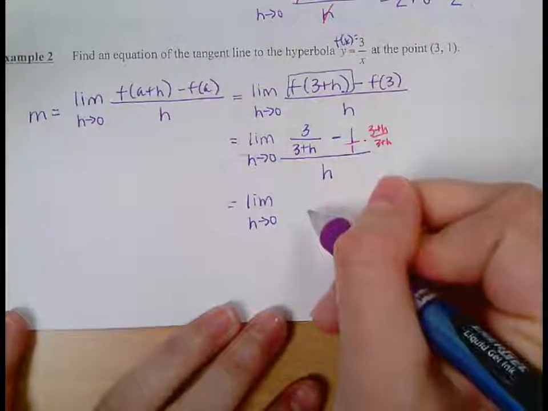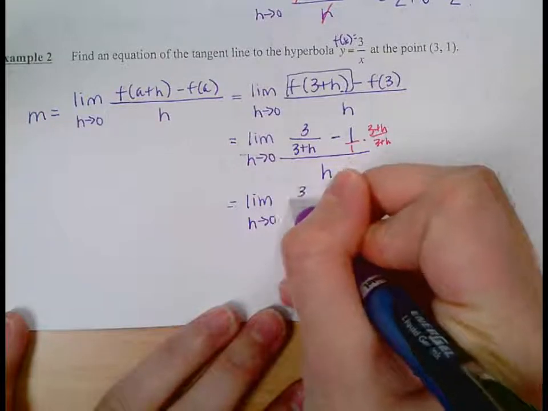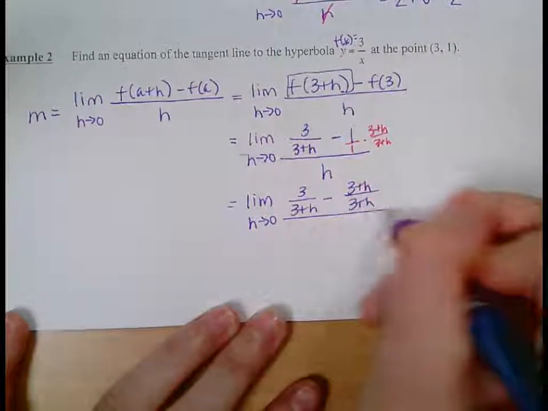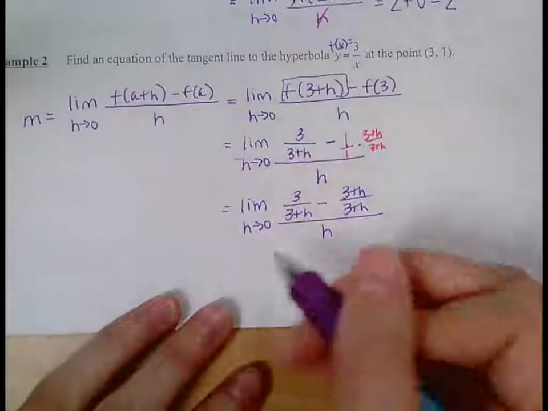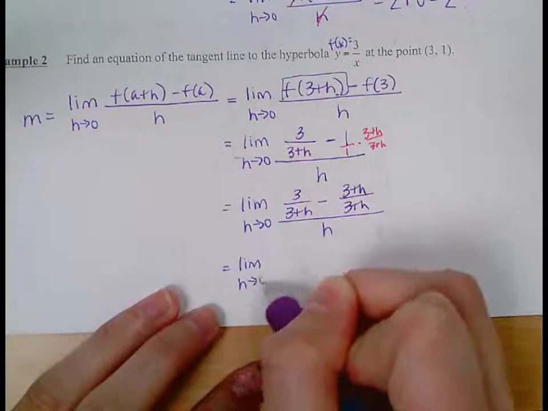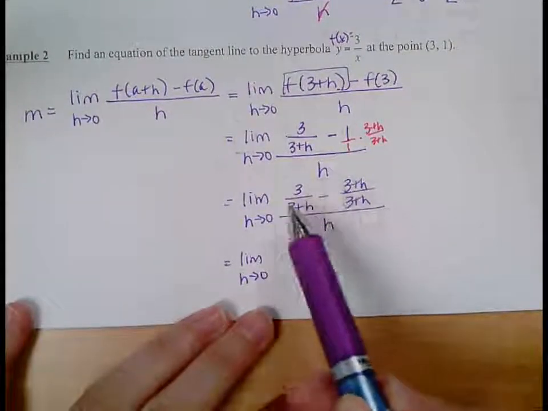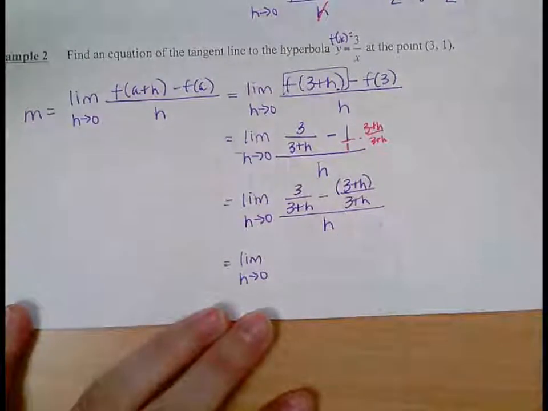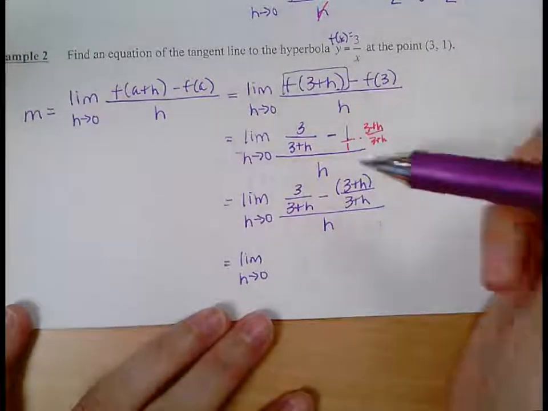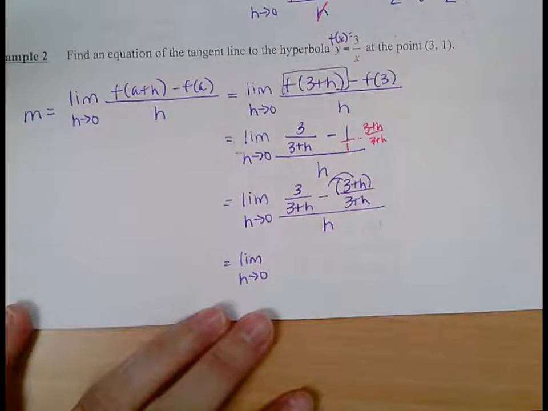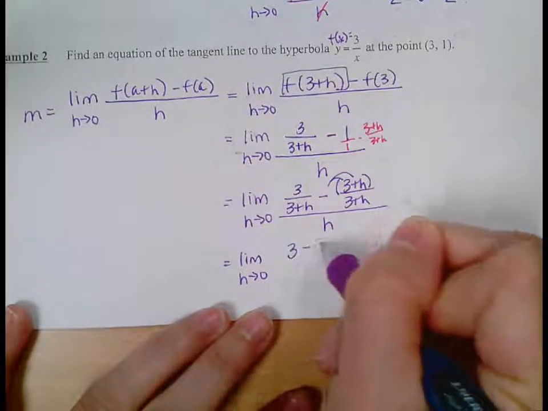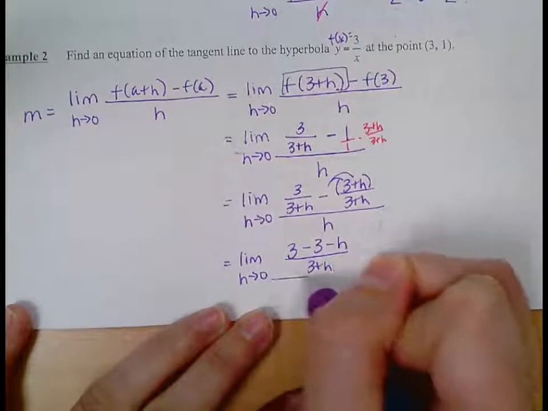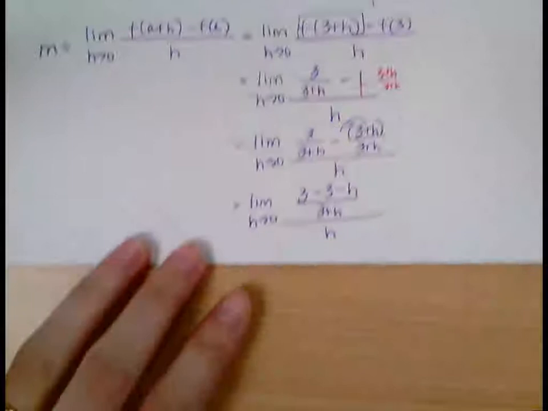So I would have 3 over 3 plus h minus 3 plus h over 3 plus h, all over h, which you just have to be careful with. I can write the top as 1 fraction, but you have to make sure the quantity in the numerator is being subtracted. So you would have to distribute that negative through. So I would have 3 minus h all over 3 plus h, and then that's all over the h in the denominator.